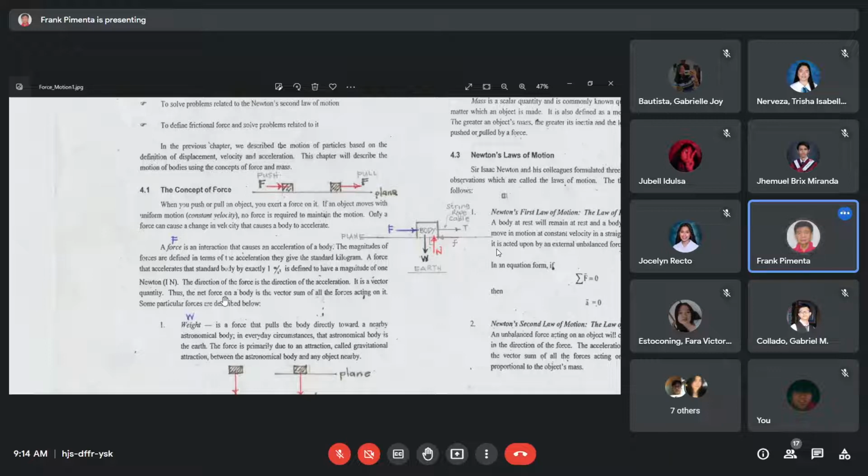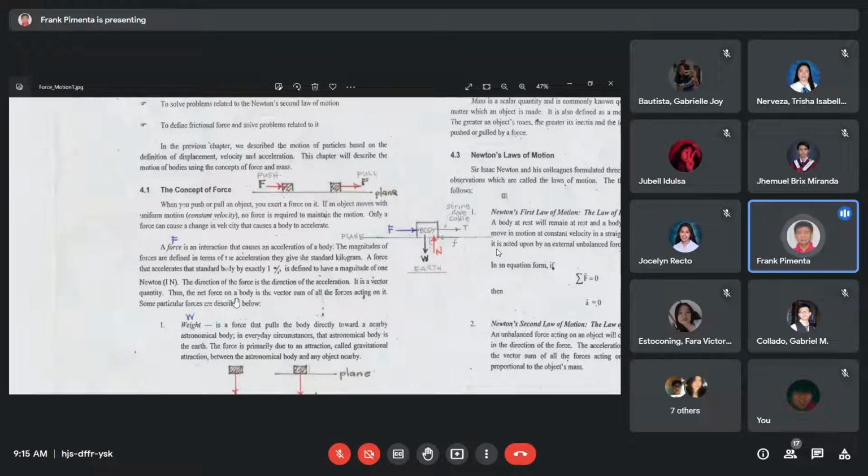That is the average. But here, the net force is the vector sum of all the forces. Therefore, in this figure, there are several forces acting on this body or object. It is not only the force F, it is not only the push. Because if we are referring to a net force, there are several forces involved.